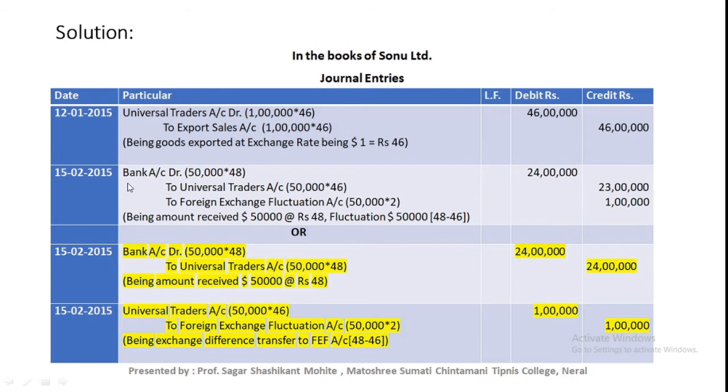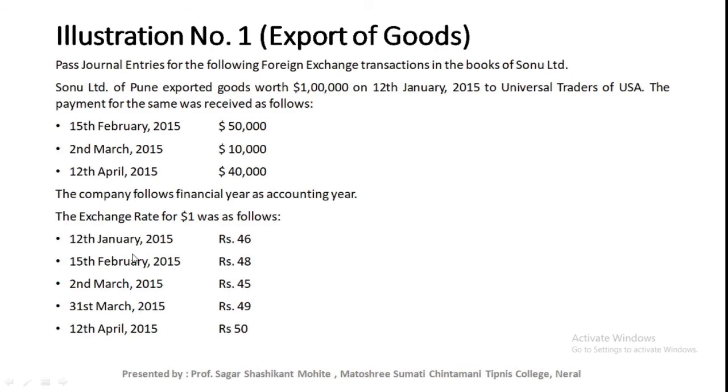So let's see. The journal entry will be bank account debit, because we are exporting the goods and we are going to receive the amount from the Universal Trader. On 15 February, the amount received is $50,000, and the rate of exchange on the date of receiving the payment is rupees 48.